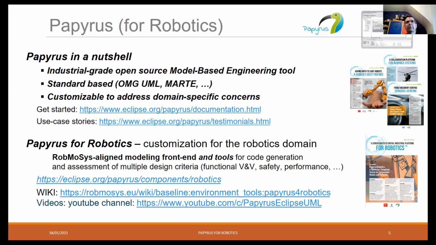And then there's also Papyrus for Robotics, which is a customization for the robotics domain. It makes use of the possibility in Papyrus to be customizable for a specific domain. Here I also have some links on the webpage from Papyrus for Robotics, some wiki documentation, and a YouTube channel.